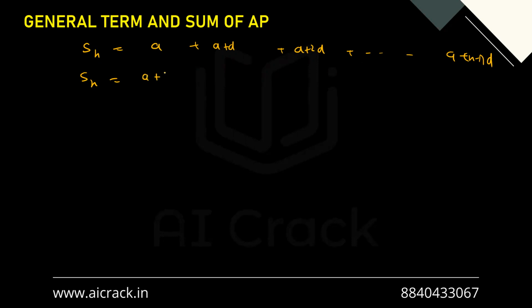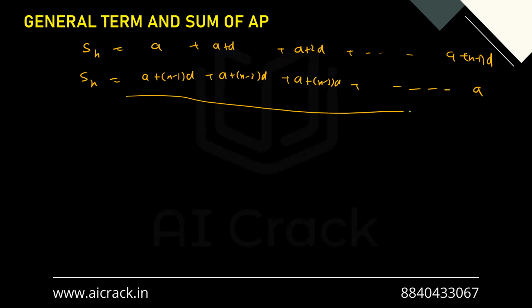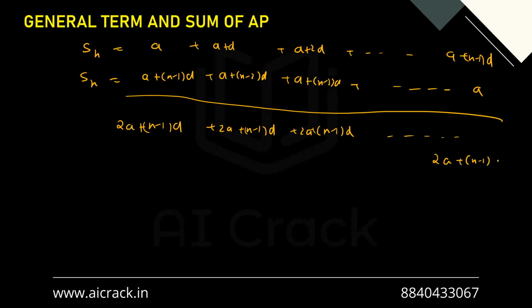That would be A plus n minus 1 D plus A plus n minus 2 D plus A plus n minus 3 D, and A over here. Now if I sum it, I get 2A plus n minus 1 D. This number would also be 2A plus n minus 1 D. Similarly, this number would also be 2A plus n minus 1 D, till the nth term, which would also be 2A plus n minus 1 D.